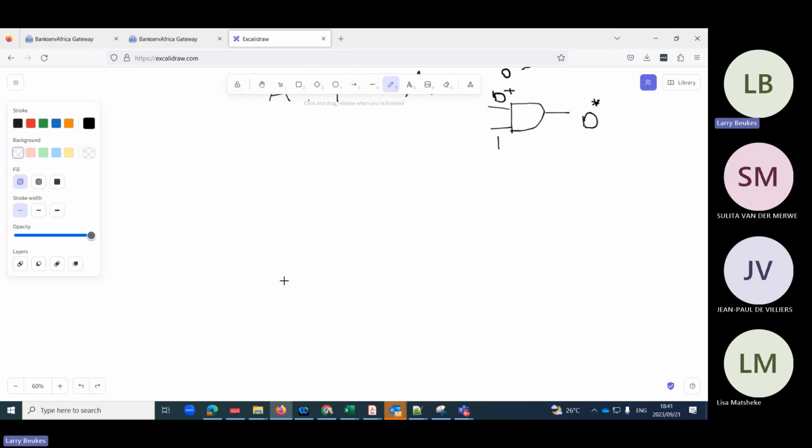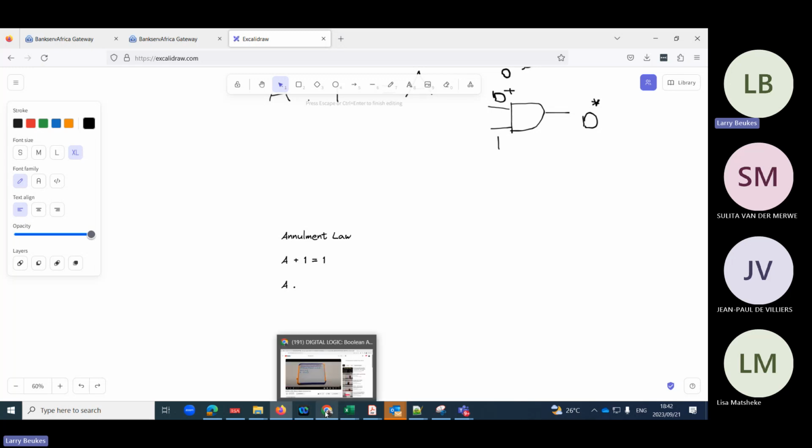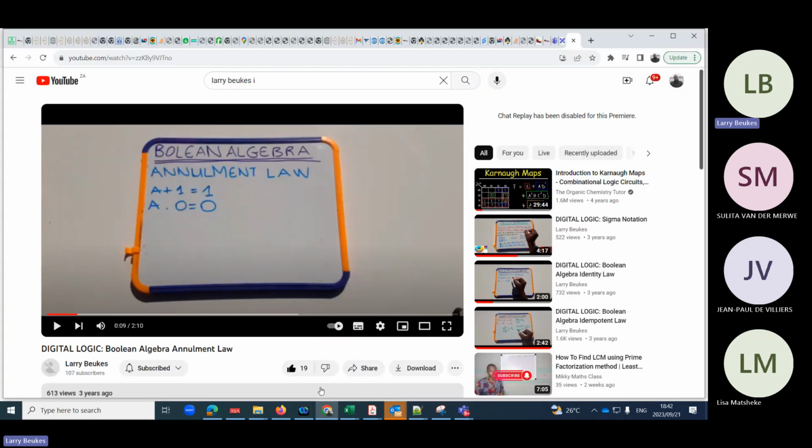So we have the identity law. The next one is the annulment law. So here we're saying A ORed with a 1 is equal to 1. Then A ANDed with a 0 is equal to 0.